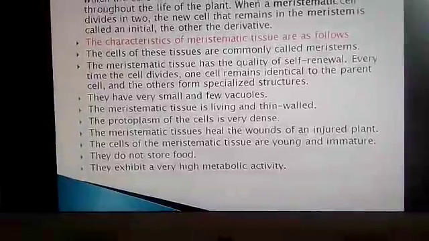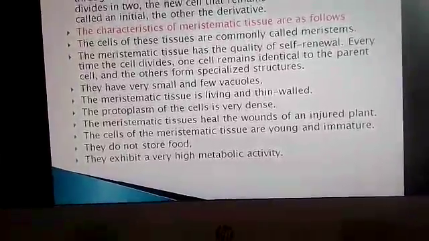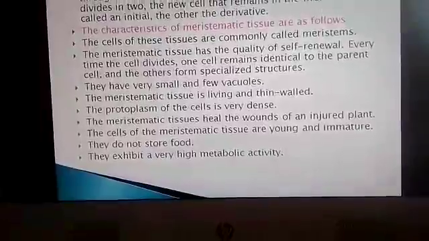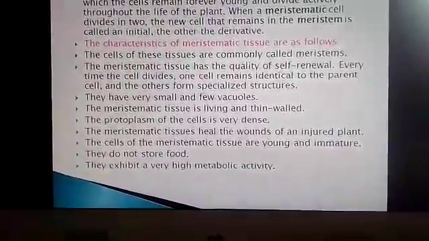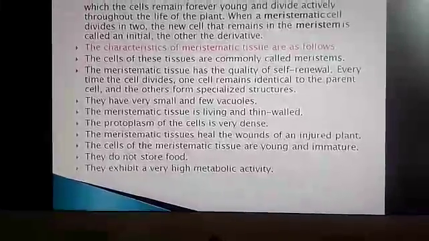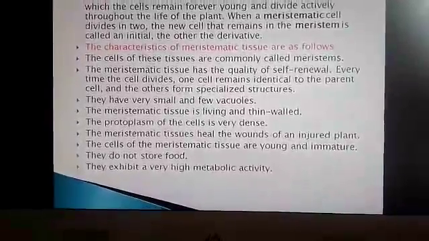So let's see what the characteristics of meristematic tissue are. The cells of this tissue are commonly called meristems.